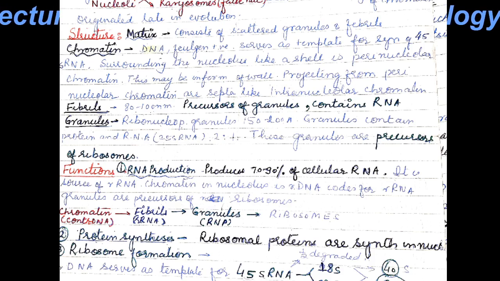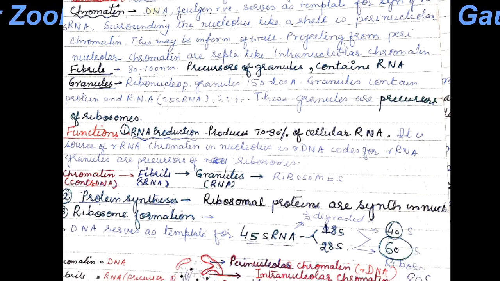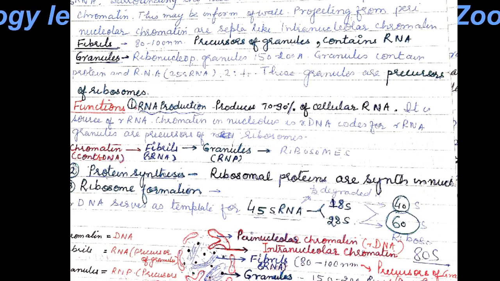So how does the formation flow? Chromatin, which is rDNA, after transcription gets converted into rRNA, and these rRNA now get converted into ribonucleoprotein particles, which are the precursors of ribosomes, and these RNP particles ultimately get converted into ribosomes.